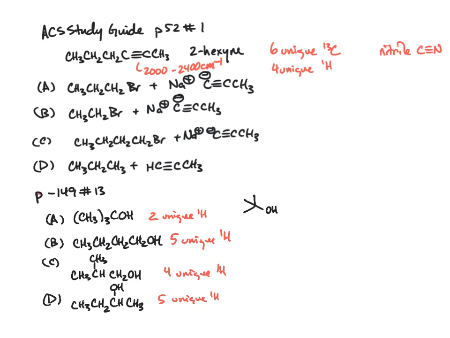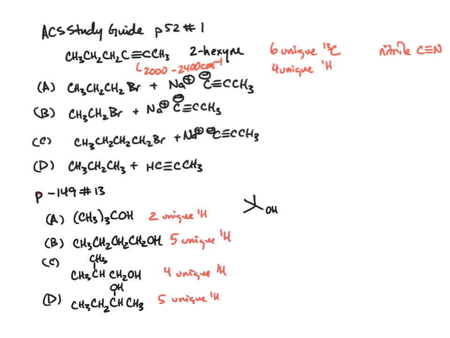So there's 2 unique sets. How would you describe the multiplicity of each set? Like, what is the peak shape and what is the integration? So you're going to have 2 singlets.